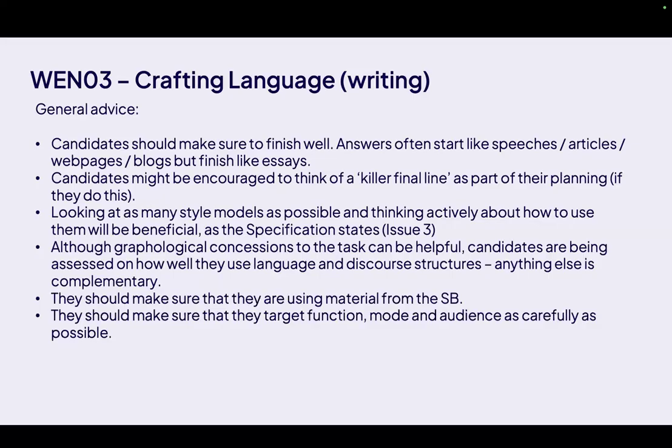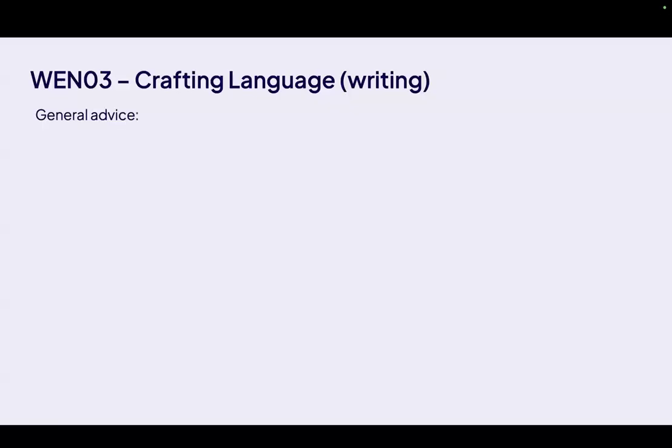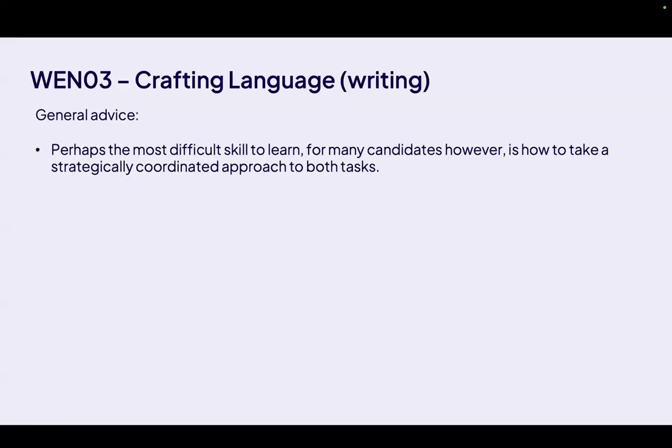Keep on track. Go back to the task, go back to that question paper where they've got that table where it says genre, mode, context, audience. Keep them going back to that to keep them on focus. Practice is their best friend. I keep saying use those past papers, and there are an abundance of them on the Pearson Edexcel website, which we'll talk about later. So, some general advice as well.